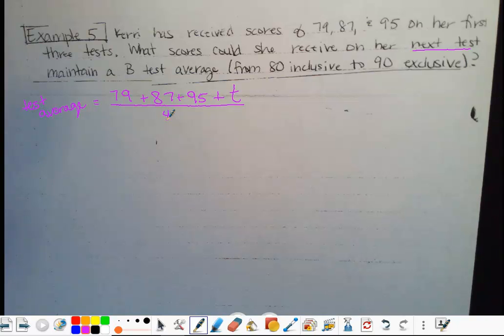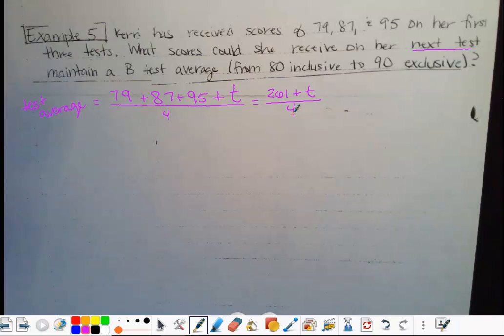So 79 plus 87 plus 95 is 261 plus T divided by 4. So there's our test average.